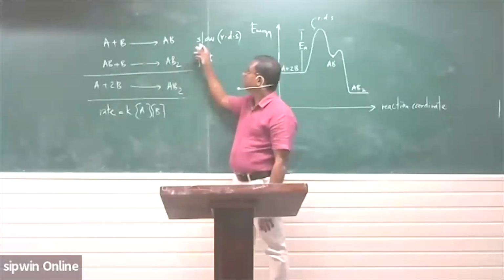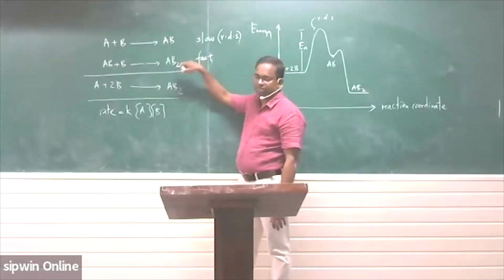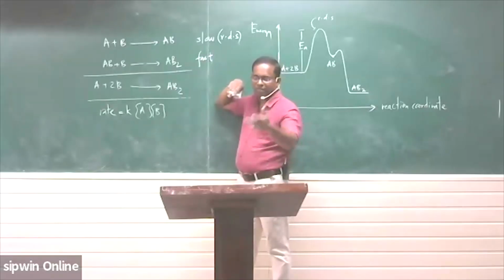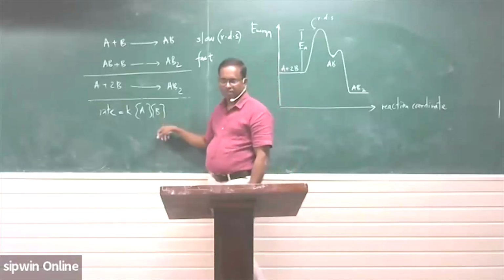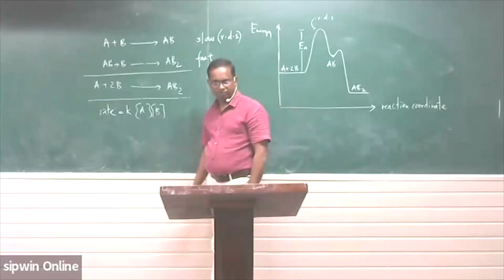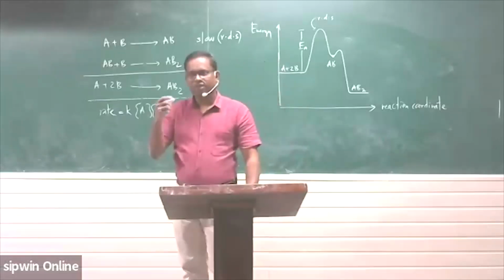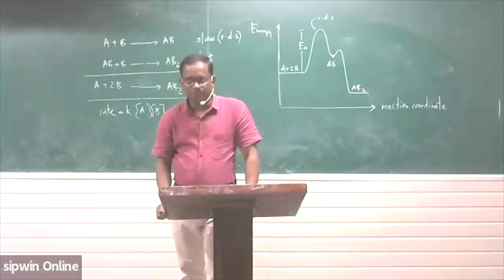But now this one is a slow step, this one is a fast step. You have to learn something more than this. For now, just keep the idea. Using the rate determining step: if it is an elementary reaction, a one step reaction, you can directly write the rate law.